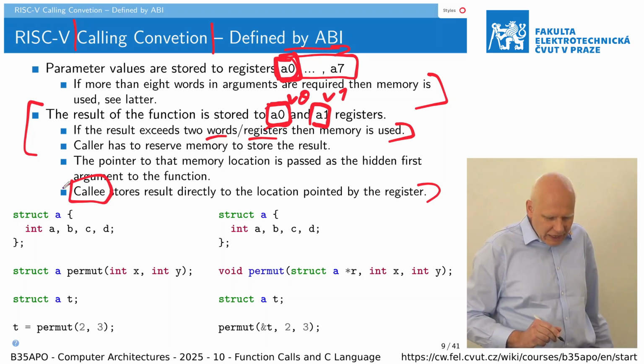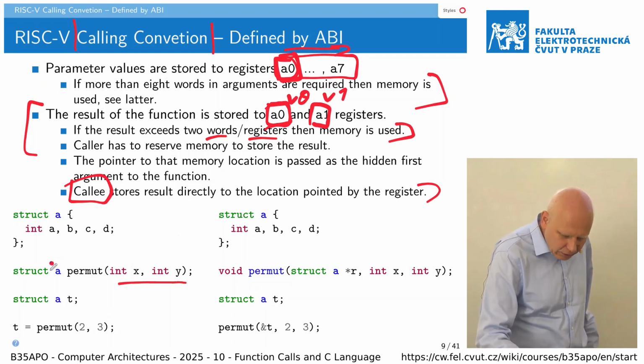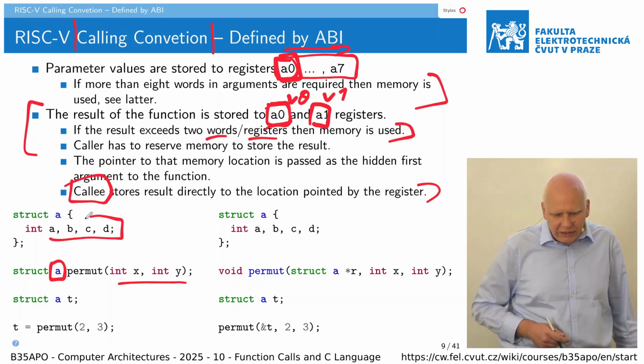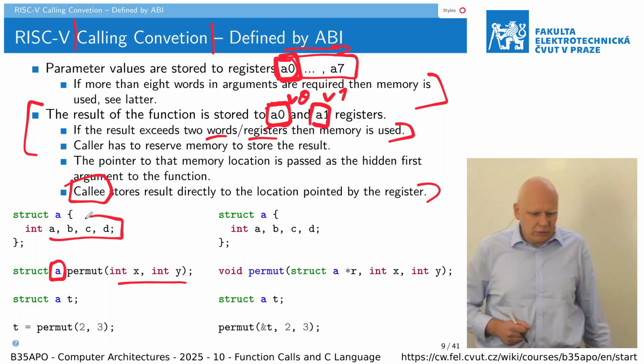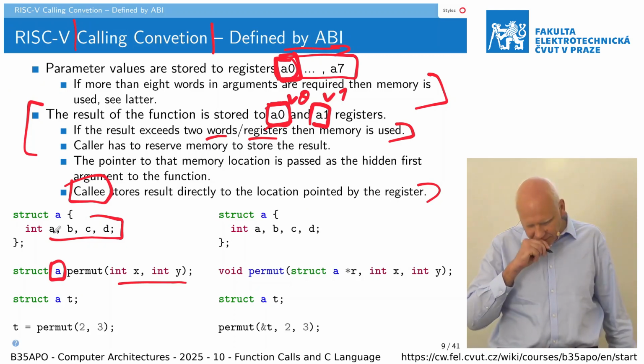So there is an example. We have some function which should provide some permutation, for example. It has 2 input arguments and returns a structure which probably needs to store, for a 32-bit system, 16 bytes, because each of those numbers is 4 bytes.